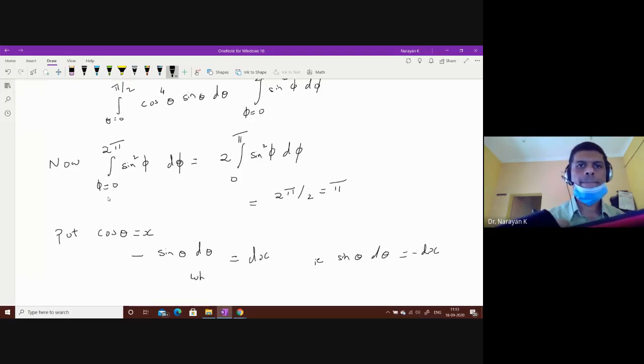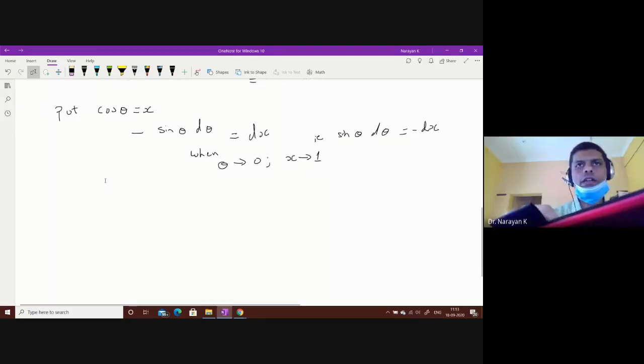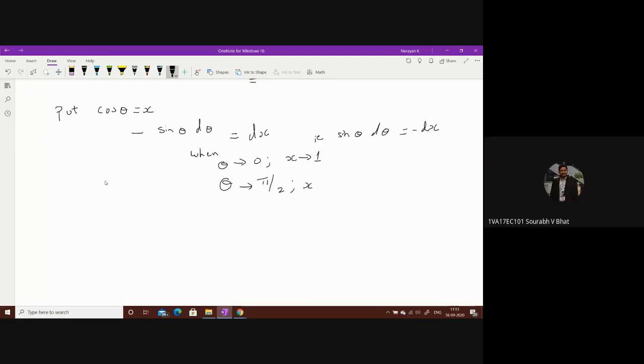When theta is equal to 0, what is the value of x? It tends to 1. Yes, sir. Next, when theta is equal to pi by 2, x tends to 0.